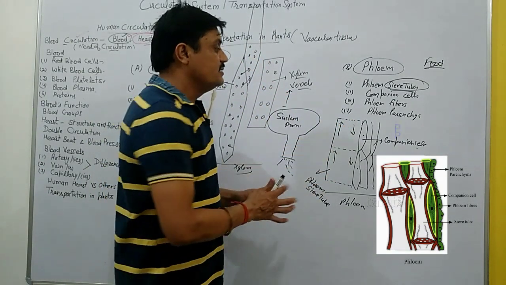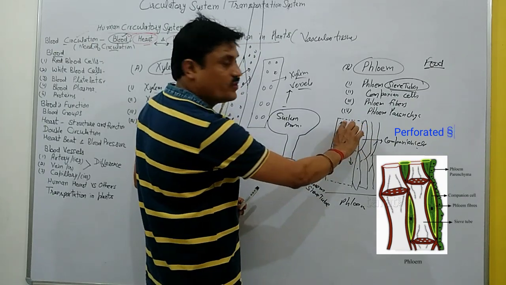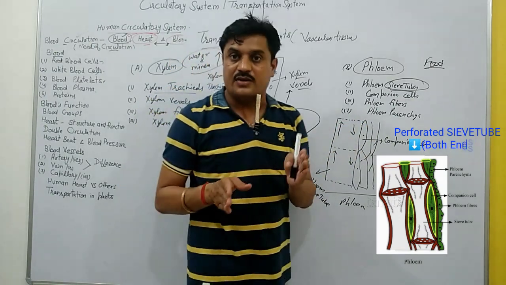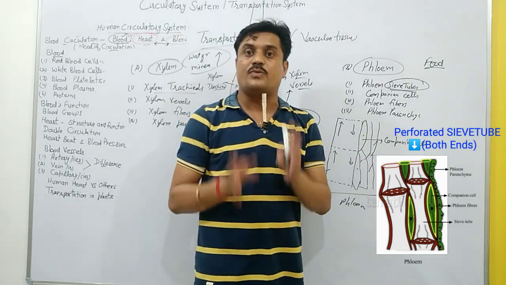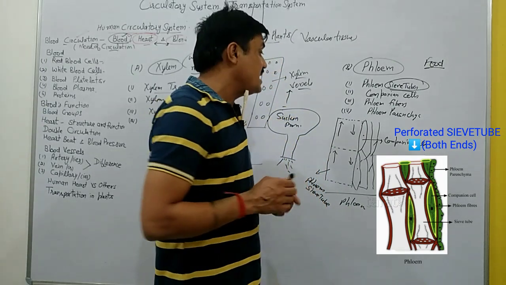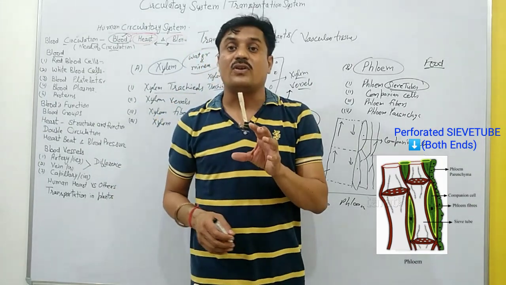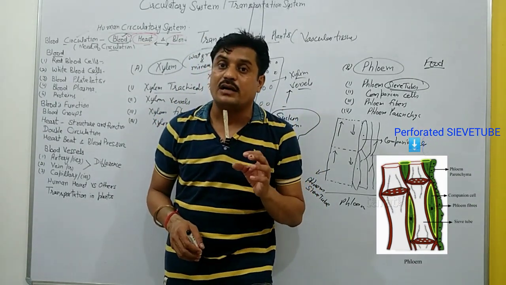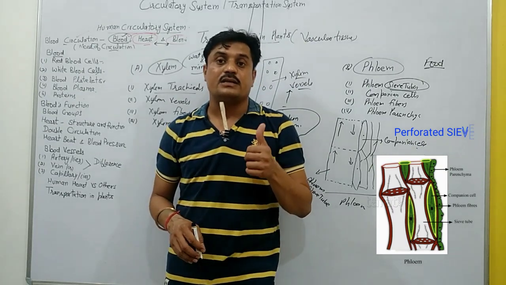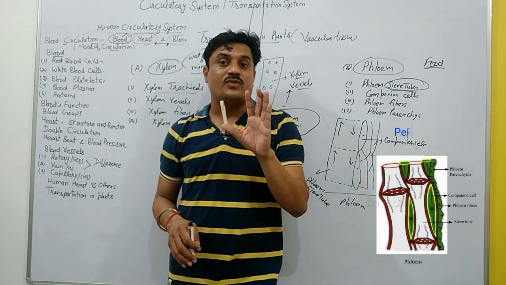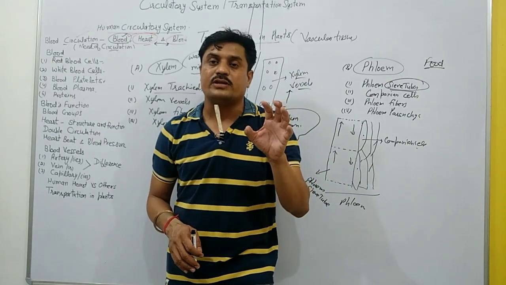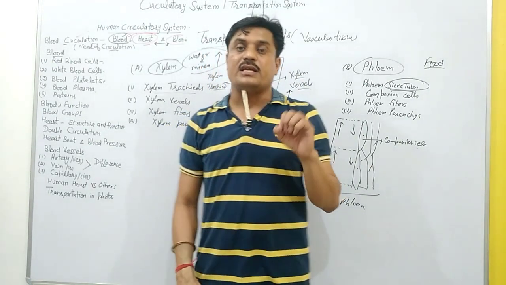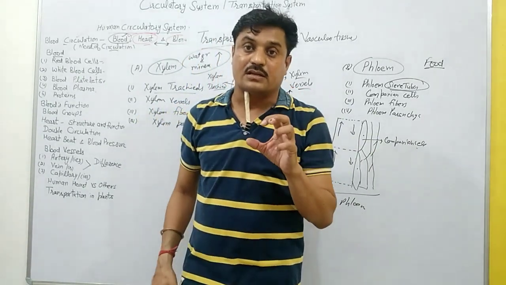The flow of the food is in both directions, upward and downward, and this flow is with the help of energy, and the principle of osmosis is applied here. The starch which is formed during photosynthesis is dissolved in water, and because of this it enters into the cell, and there develops a pressure.